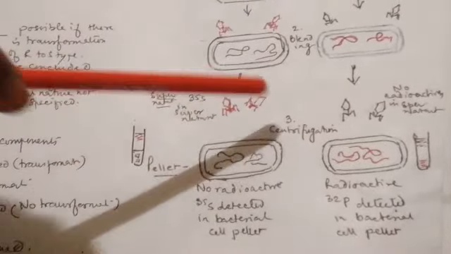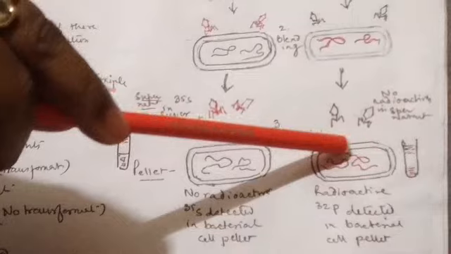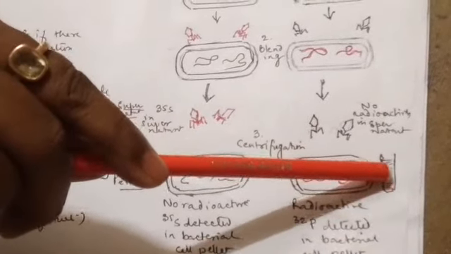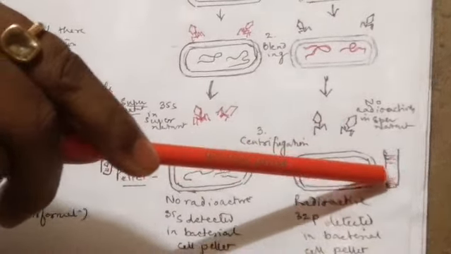What they saw was that where the phosphorus was radioactive, that means the DNA was radioactive, the radioactivity was found in the pellet. That means it is associated with the bacterial cell.